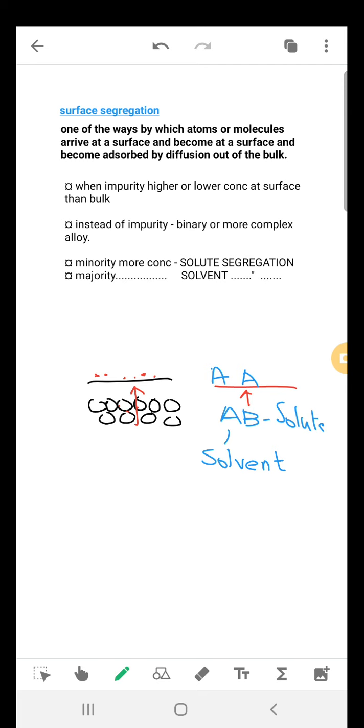Now this surface segregation has a great importance in metallurgy.